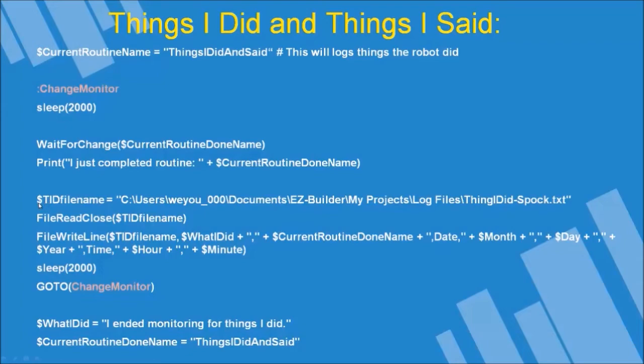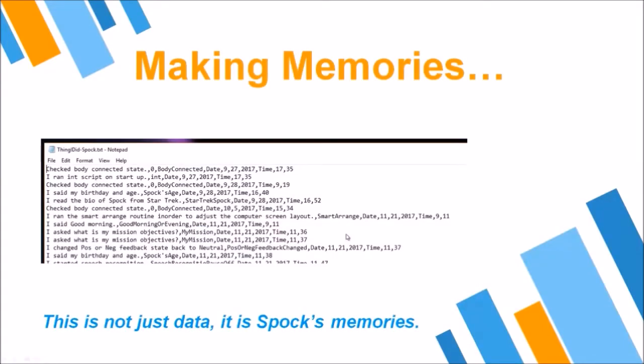I wrote the logging function for that in each script. And then making memories, here we can see the output of the things I did, Spock's file. Again, now you can see from that script, hopefully now it makes a little bit more sense.